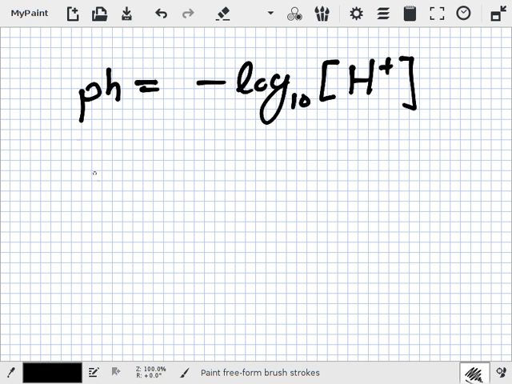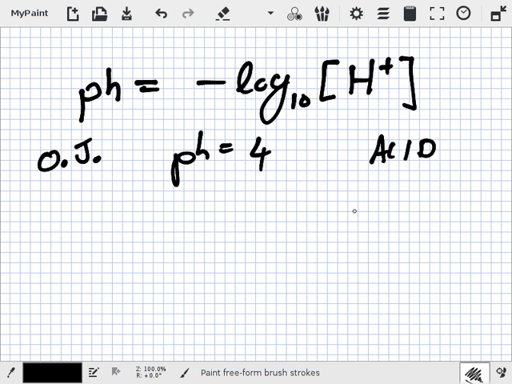Let's say we're looking at something like orange juice, OJ. The pH level of orange juice is 4 because it's an acid. You all know that acids have a pH of less than 7. So what I want you to do, I think you can all do this, just take a minute, tell me what the concentration is.